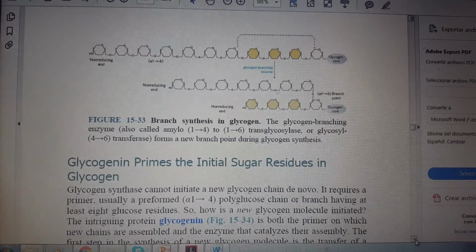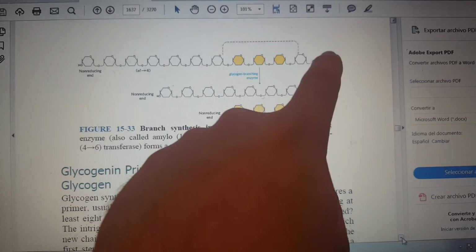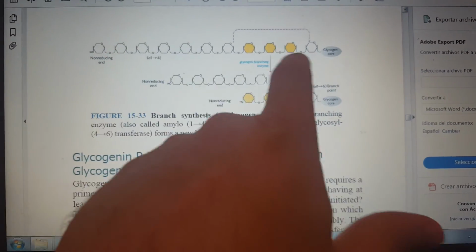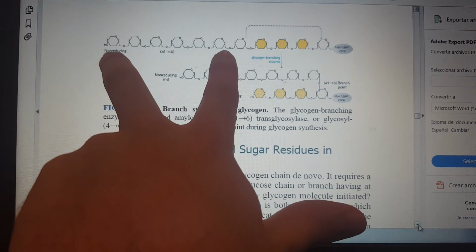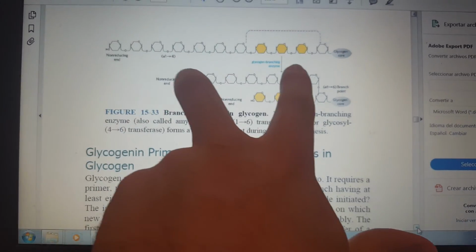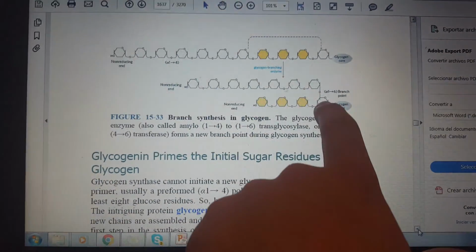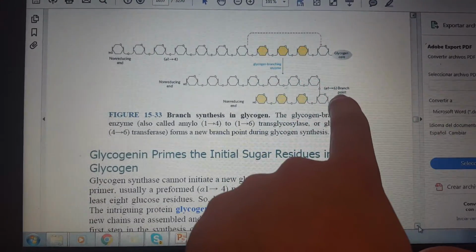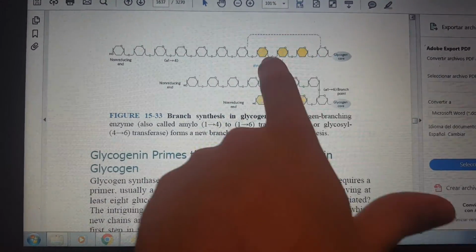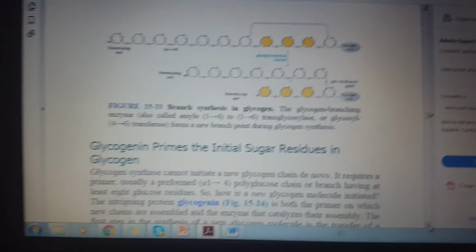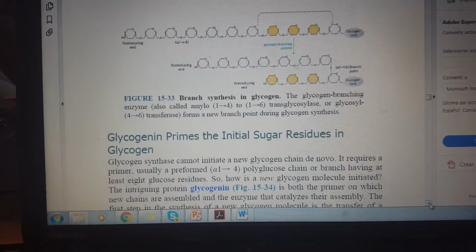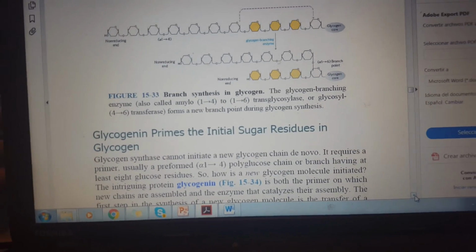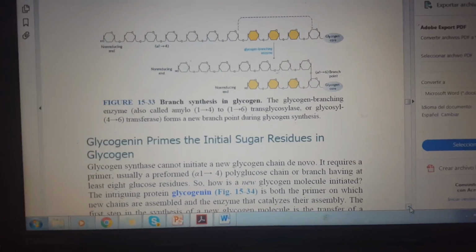So we have the linear molecule of glycogen. This portion here is going to be in the branch with the 1 to 6 linkage, and this portion is going to remain in the same place. It's a very similar process to glycogenolysis.